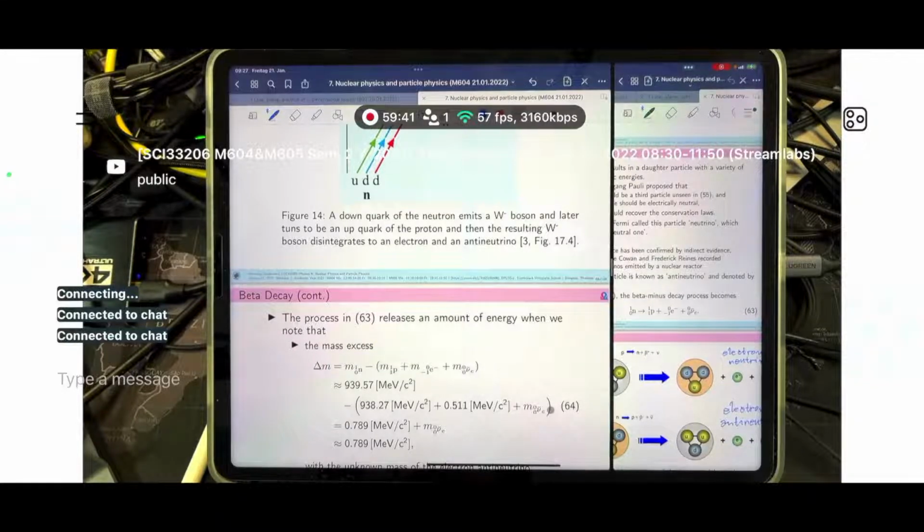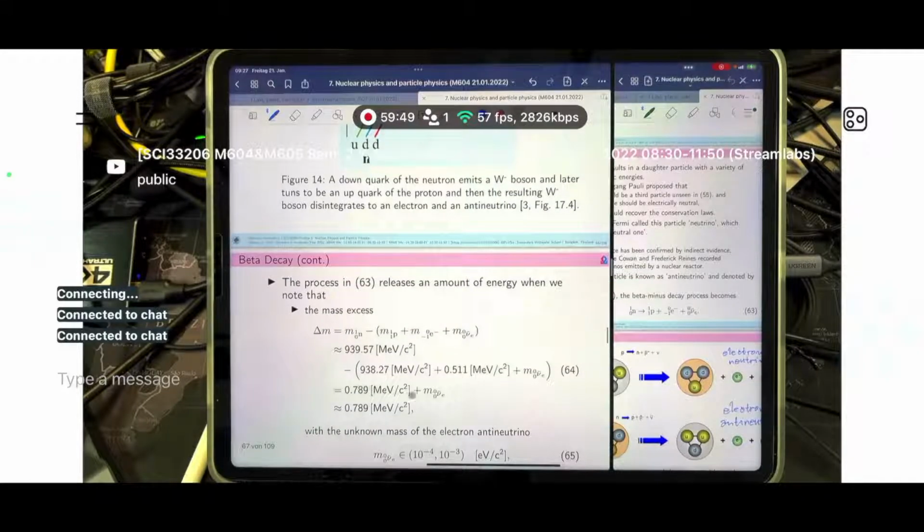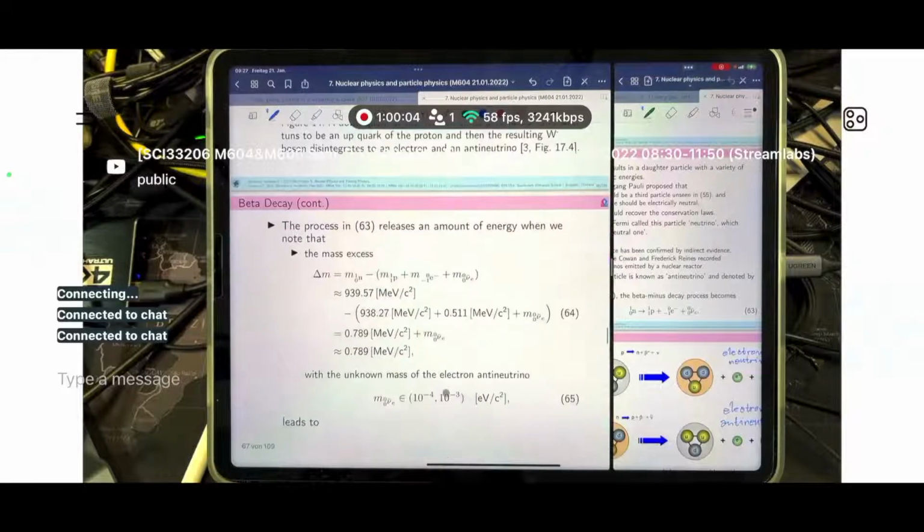You need a special device to detect the mass of the electron antineutrino, but it's beyond human ability now. At least humans know that the electron antineutrino exists, but we would not be able to measure its mass right now. The mass difference is found to be 0.789 plus the mass of the electron antineutrino, but we don't know the exact value of that mass.